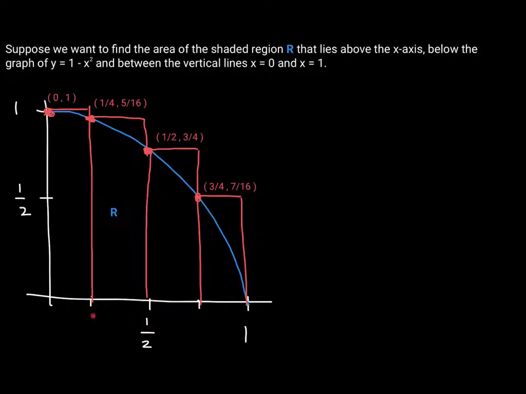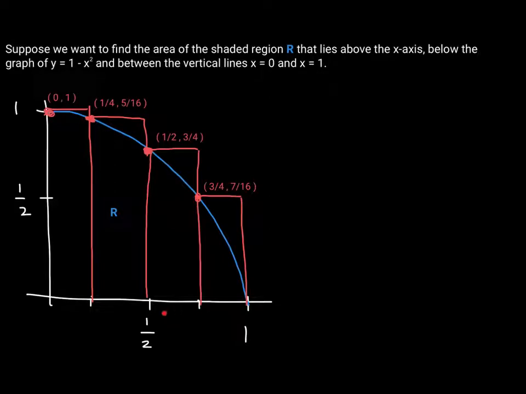So if this is 1/2, the left endpoint here is 1/4. So f of 1/4, or plugging 1/4 into our function, 1 minus 1/4 squared will give us 5/16, which is the height of this rectangle. The point I'm trying to make is that the height of these rectangles is found by evaluating the function at the left endpoint of each subinterval.